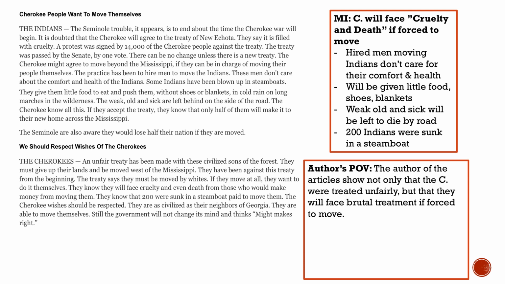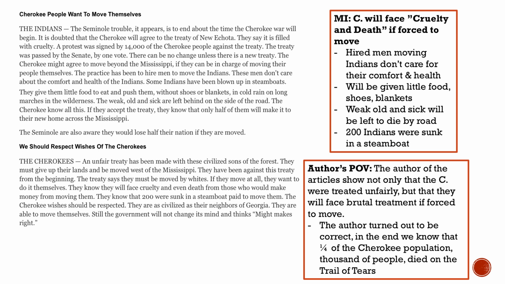So I think here we're really seeing the author's point of view, the person who is writing this article. You're seeing what their feelings are. The author of the article shows not only that the Cherokee were treated unfairly, but that they will face brutal treatment if forced to move. And this is kind of ironic because it turns out that the author is correct.